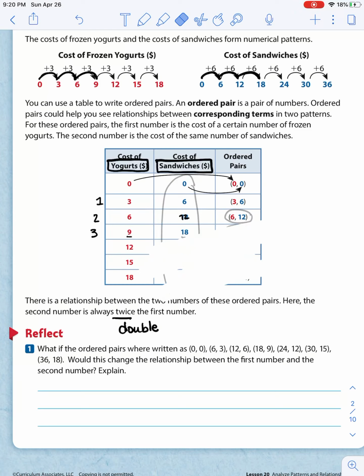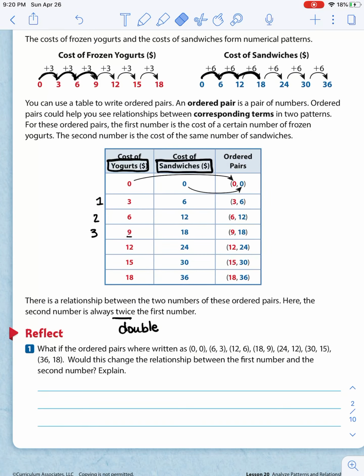The numbers that they just listed are the exact same numbers that are listed in this table, but what do you notice? 6, 3. If you go up here, it was 3, 6. 12, 6 was 6, 12. So would this change the relationship between the first number and the second number?